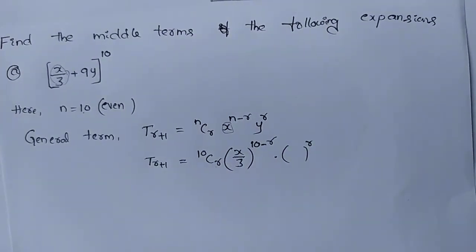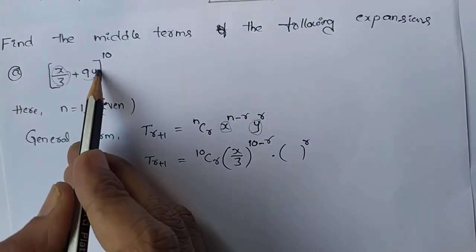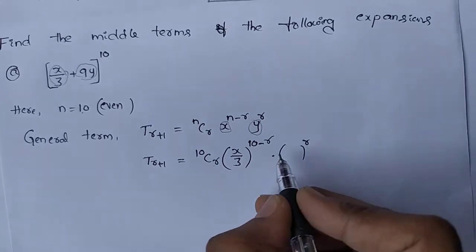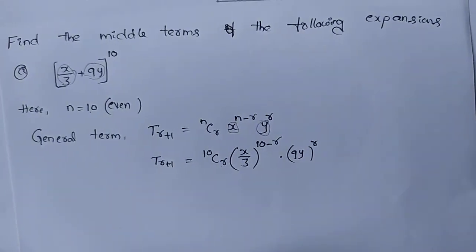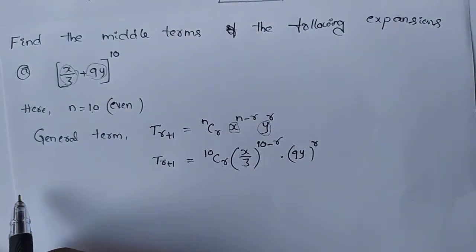In place of y, in the expansion, what we have? 9y. You just write in place of y, 9y whole power r. So it is the general term of this expansion.